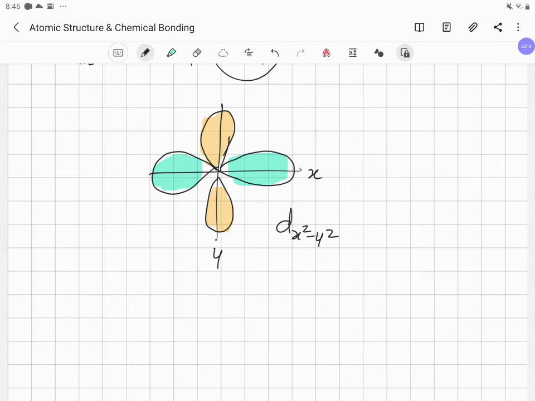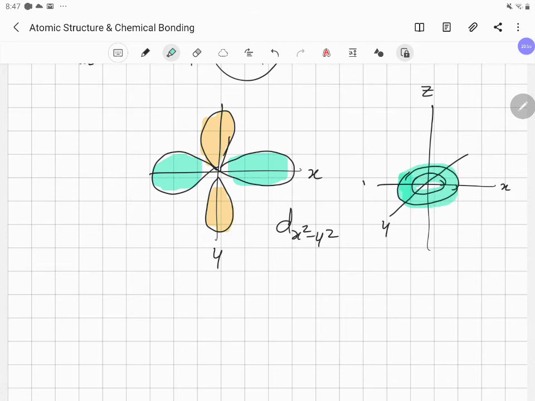And we have one more orbital, the dz square orbital, in which case this is z, and this is x, and this is y. Then you can see that there is a disk kind of probability along the xy plane.